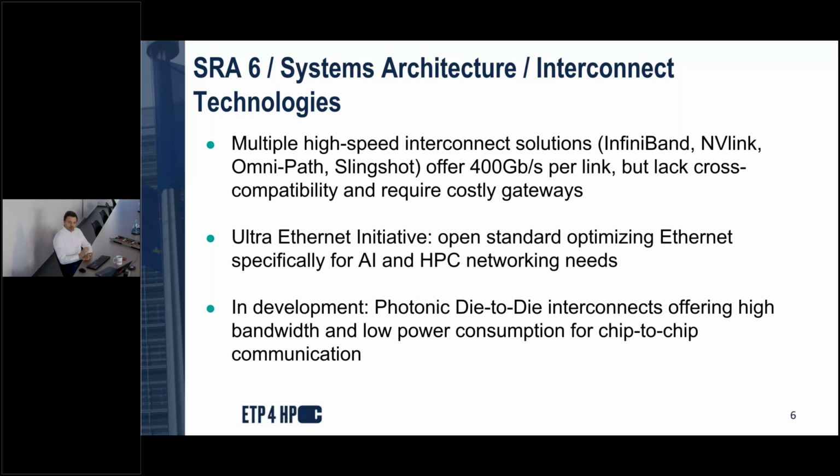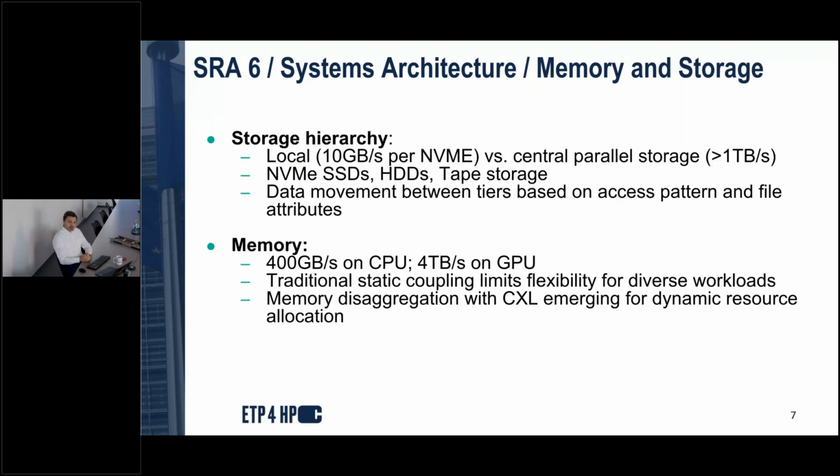And with that, we are coming to memory and storage. So in current systems, typically we have local NVMe, which can provide around 10 gigabytes per second. And this is usually useful for smaller jobs where users read a lot of data again and again, for example, for AI training.